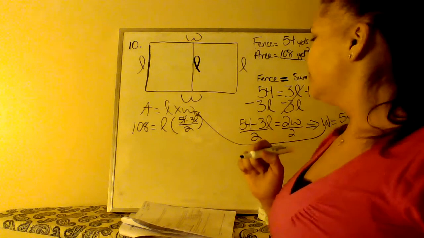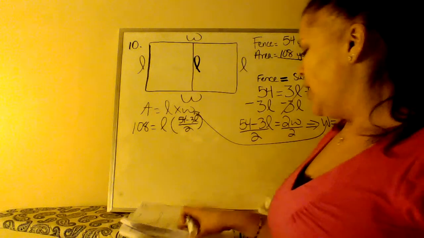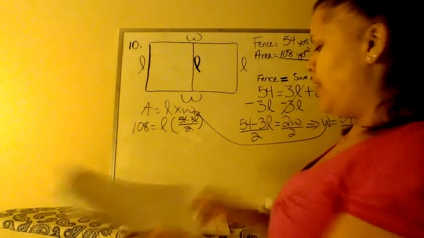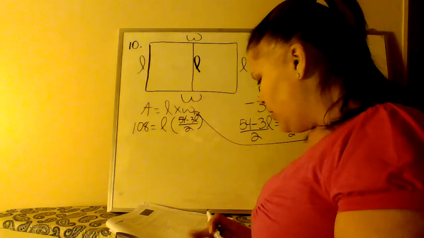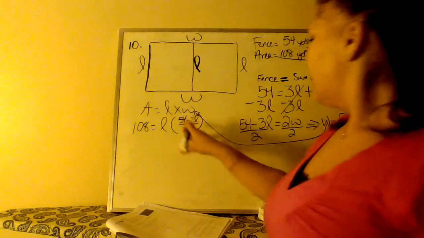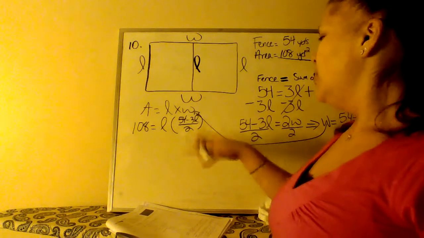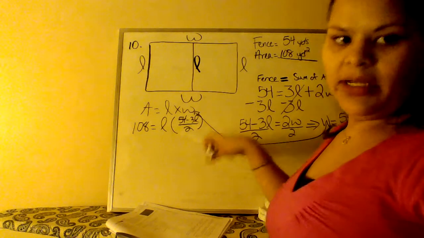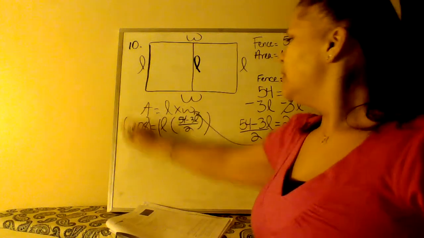Okay? So now, in order to simplify this, because we have a fraction there now, let's see, we can take out that 2. So let's multiply the whole thing by 2. So we can get rid of that denominator.